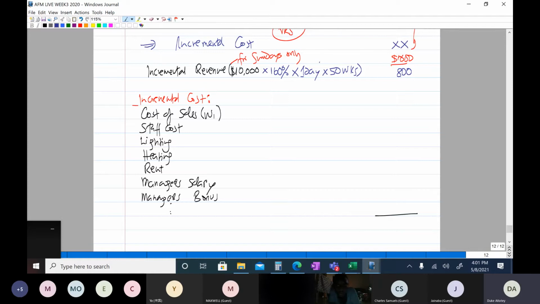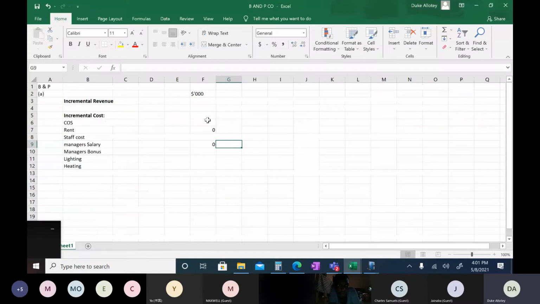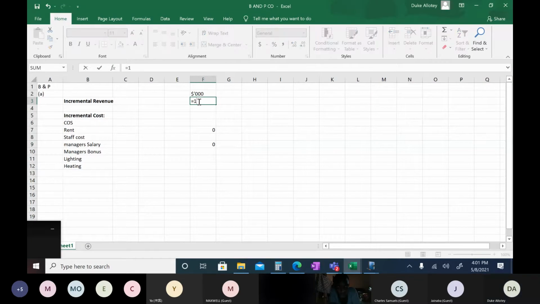So this is the explanation of what I'm going to put in the spreadsheet, so the marking team should be able to see what you have done. If they come here, for example, I write 10,000 multiplied by 1.6, multiplied by, of course, the one won't make any difference, multiplied by 50.